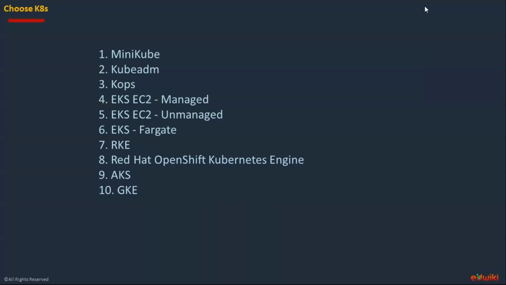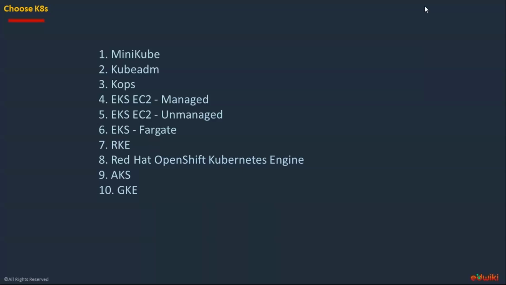EKS EC2, in the sense you will be getting EC2 instances to run the Kubernetes cluster. But the question here is who will manage the EC2 instances. If you manage the EC2 instances, then that is called an EKS EC2 unmanaged cluster. If AWS is managing the EC2 instances, then that is called an EKS EC2 managed cluster. That's how there are 2 different types, guys.